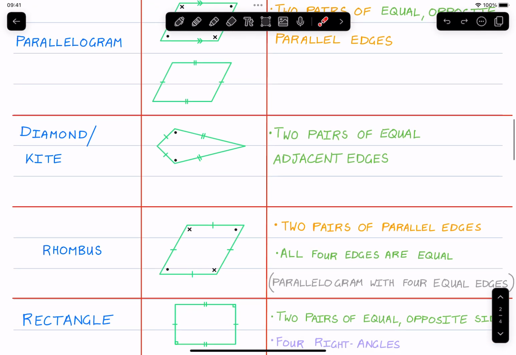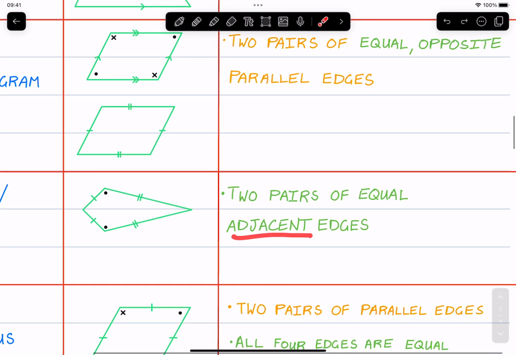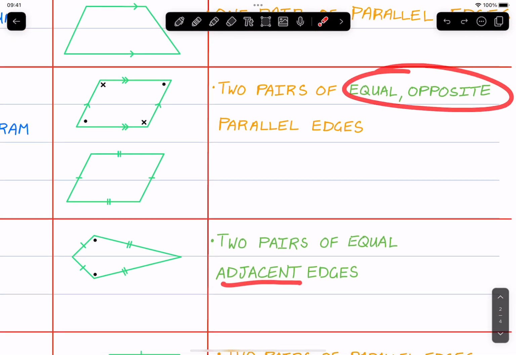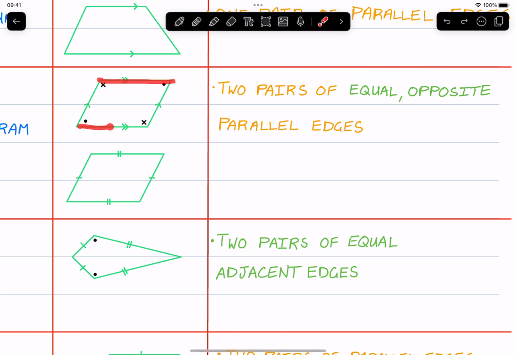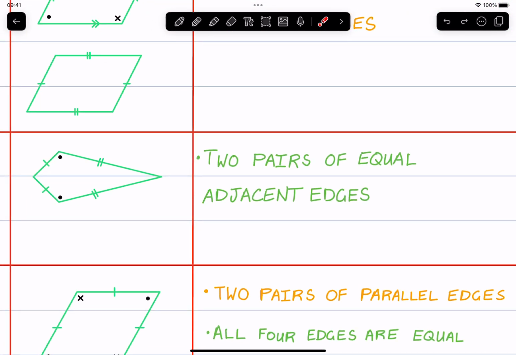The next special quadrilateral is called a diamond, or you might call it a kite. They have two pairs of equal adjacent edges. Notice how this one is equal opposite, meaning these two sides are the same length, but they are opposite from each other. But now in a diamond, these two sides are equal, but they are side by side. They are touching at one point.